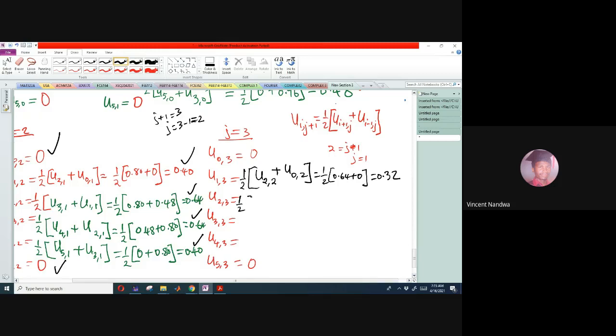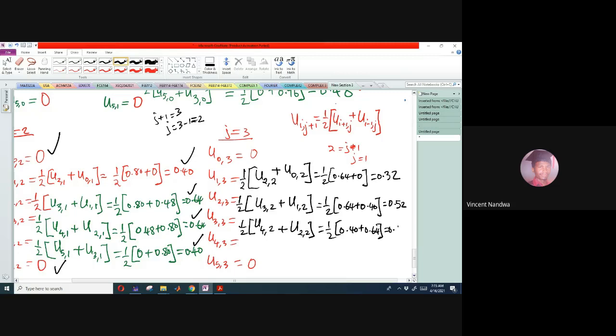Next will be a half. i is 2, so 2 plus 1, 3. So u(3,2) plus u(1,2). That gives a half into 0.64 plus 0.40. That gives you 0.52. And then next will be a half. i is 3, so 3 plus 1, 4. So u(4,2) plus u(2,2) equals a half into 0.40 plus 0.64.